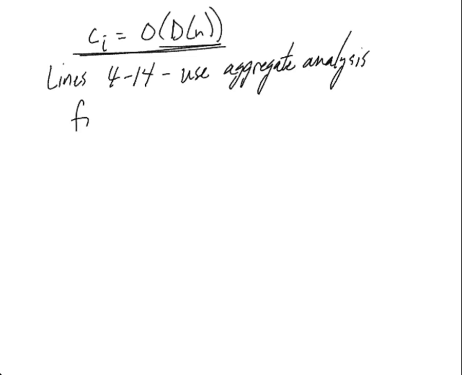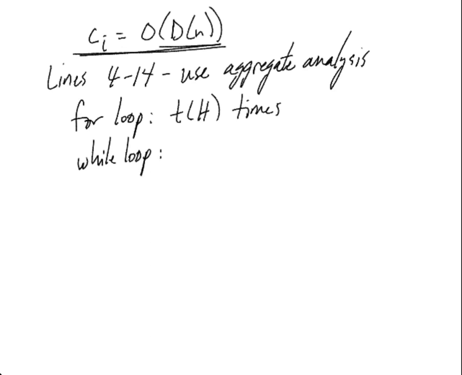So the for loop is going to iterate t of h times. The inner while loop, I'm going to claim, is going to run a total of d of n plus t of h minus 1. So why is that?